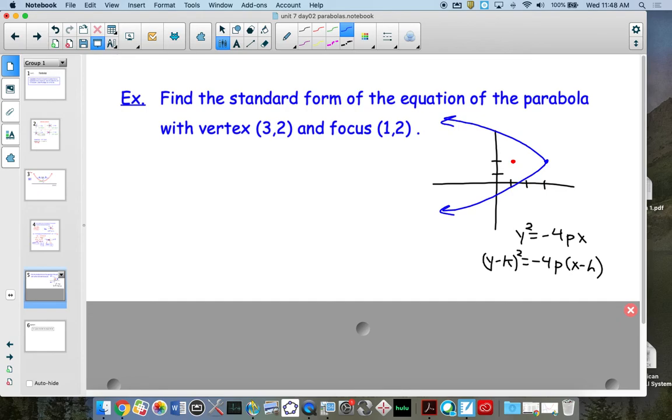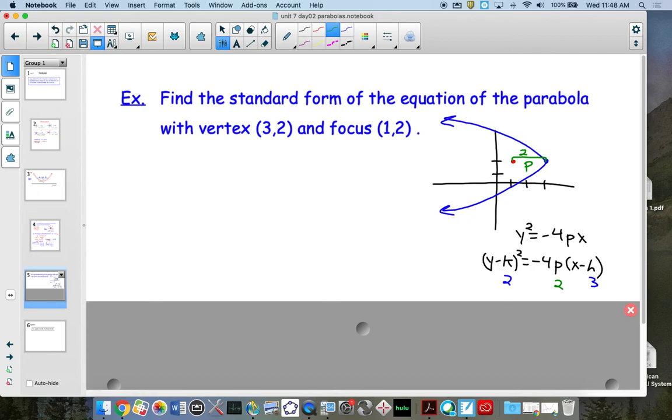All right, so we have to find the standard form of the equation. So I think we're almost ready to go. We just need to figure out what p is. So first of all, the vertex was (3, 2), so h is going to be 3, k is going to be 2, and then the distance from the focus to the vertex in this case is 2, and that's the value of p. So we know that p is equal to 2.